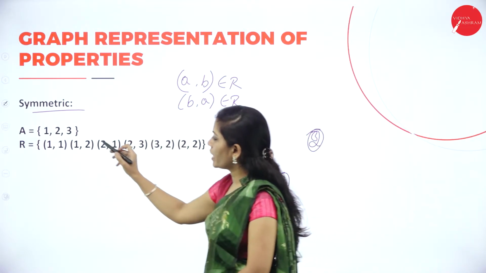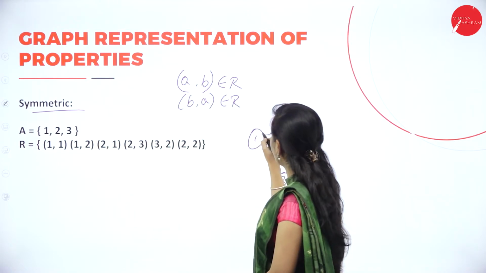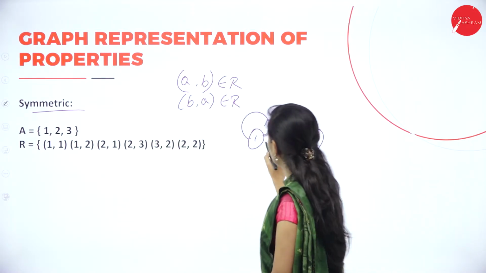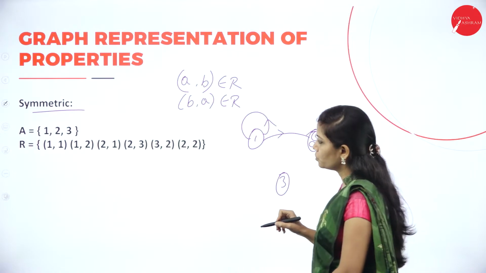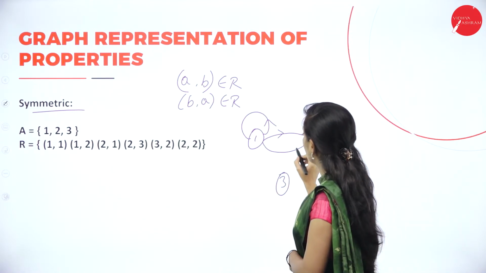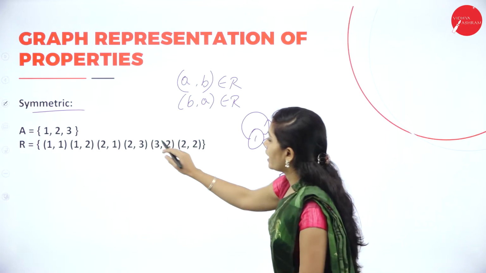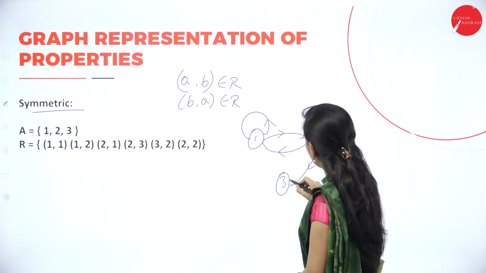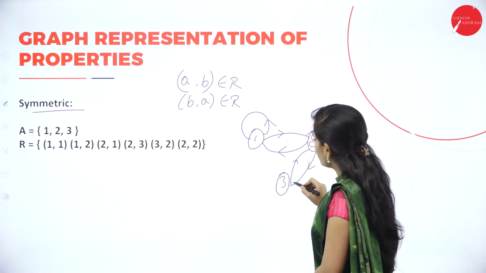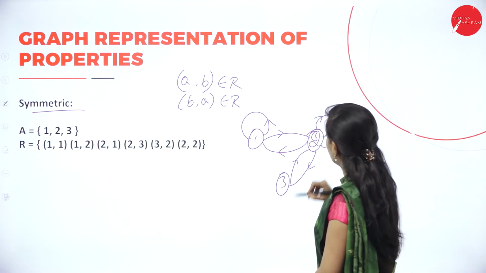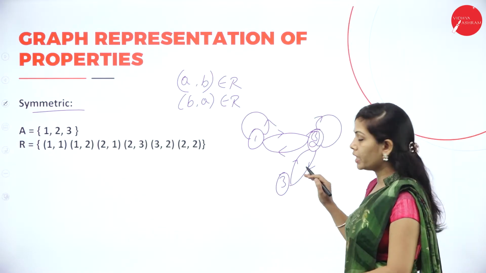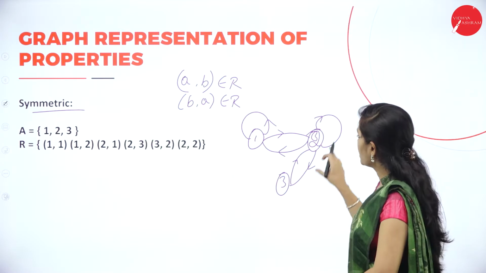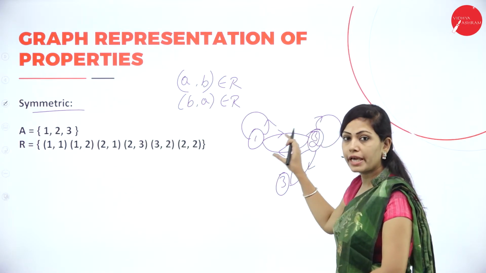In the relation, we have (1,1), (1,2), (2,1). So (1,1) in the sense it is a self loop, 1 to 1 is a self loop and 1 to 2, and again 2 to 1, and 2 to 3, and again 3 to 2 and 2 to 2. Again a self loop. So here we have 2 self loops. There is no self loop for 3.